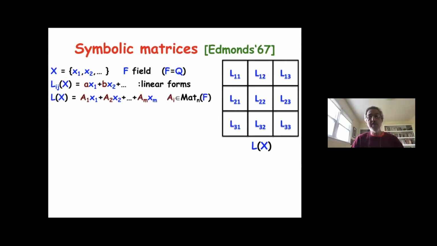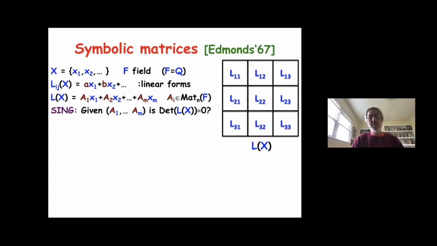One way to think of the input to the matrix, if every entry is a linear form, then we can write the matrix by the coefficients of every variable. So this matrix is A1 x1 plus A2 x2, etc., where the A_i are just constant matrices.